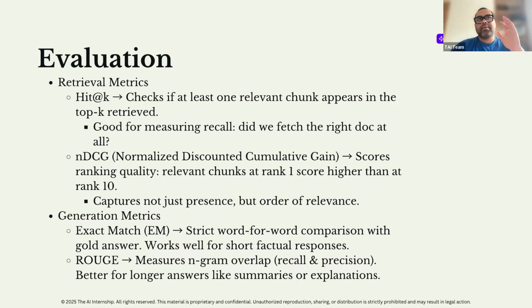And to do that, there are different dimensions we can look at, right? There are retrieval metrics, where you can draw concepts from the normal search literature, like hit at k, which is figuring out whether in the top k, it has the right kind of information that is needed.